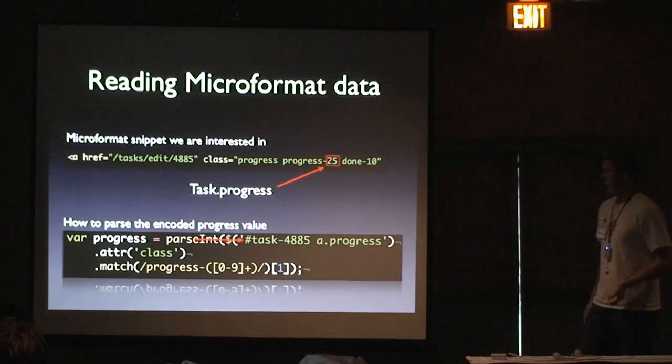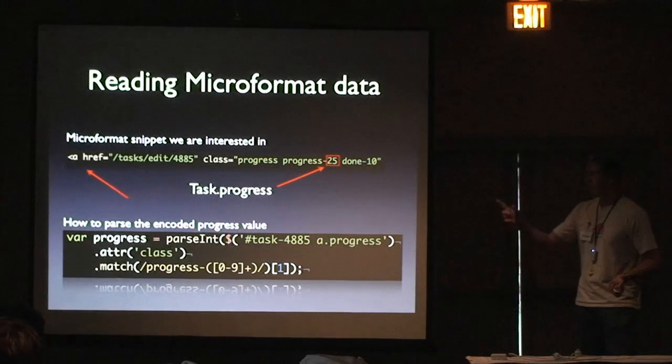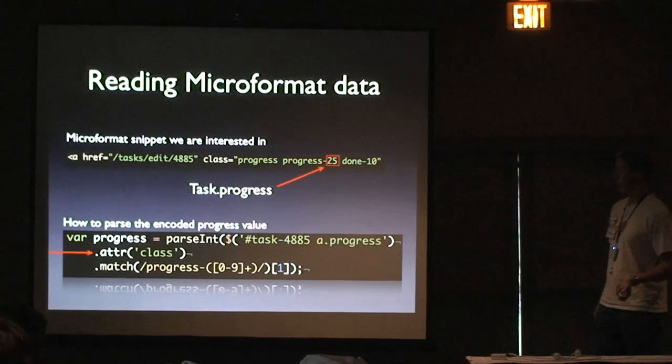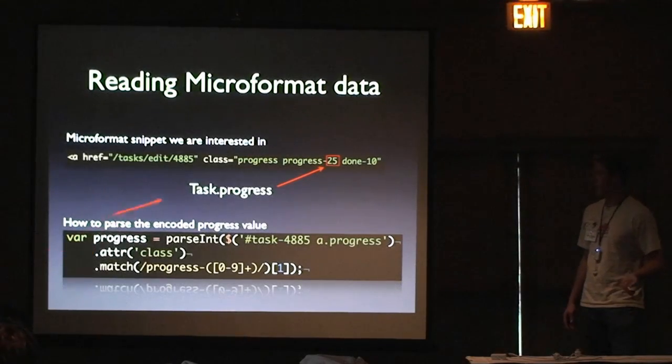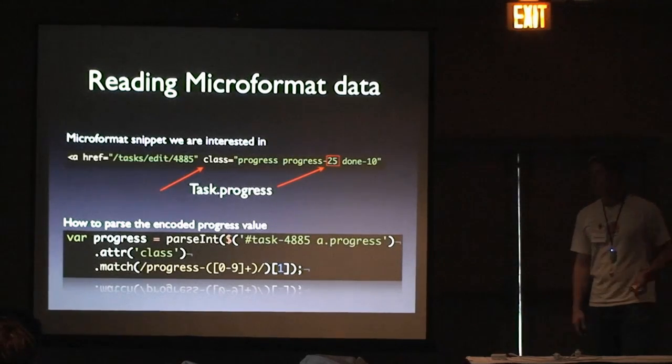Then we're going to find the task we're interested in using the task ID, and we're going to find the progress element, which is that up there. Now that we've done that, we're going to extract the class. The class is up here, which is simply a string: progress space progress dash 25 space done dash 10.